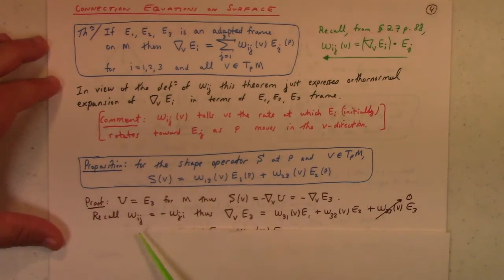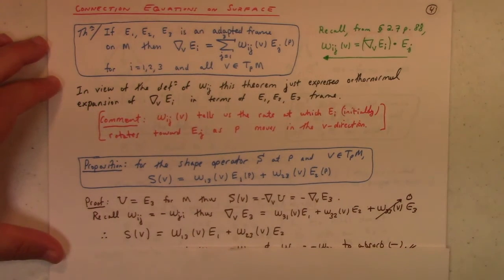But remember, the connection forms are antisymmetric. Omega ij is equal to minus omega ji. And if you just write this out, we've got omega 3,1 plus omega 3,2, right? Now omega 3,3 is 0 because omega 3,3 is equal to minus omega 3,3, which makes it 0. So we have these two non-trivial terms, and that's the claim.